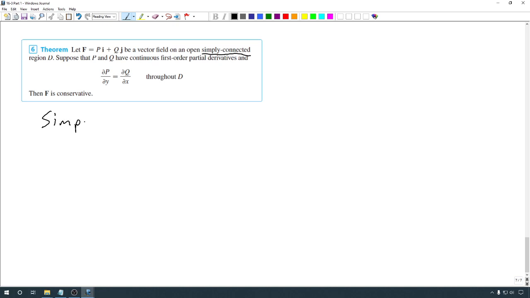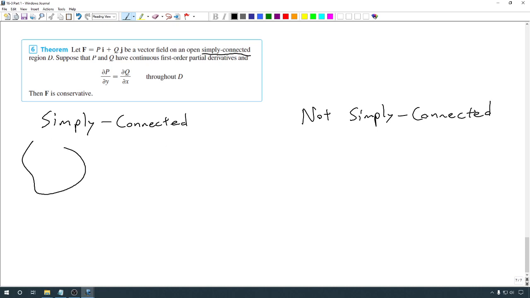So let me draw some examples here of things that are simply connected and things that aren't. So, just a blob here, or you can even take a disk or something like that. Those are simply connected domains.